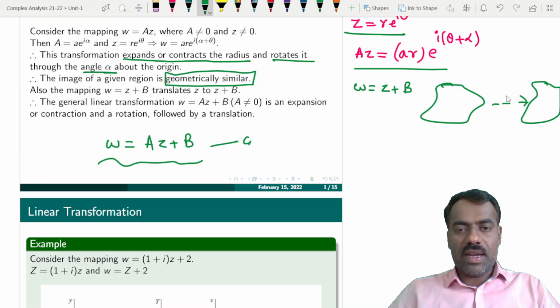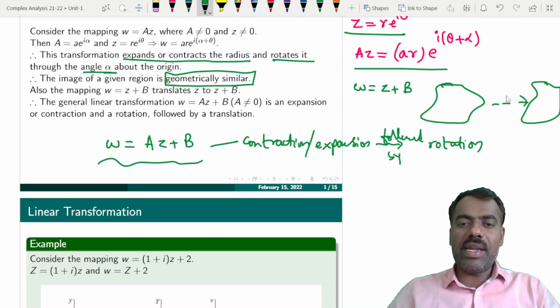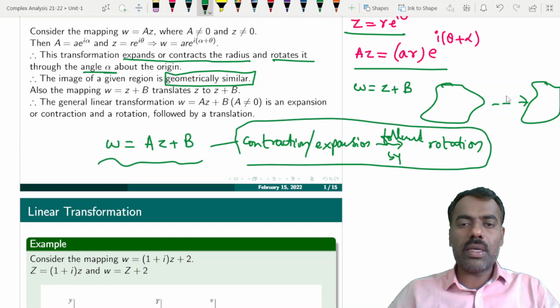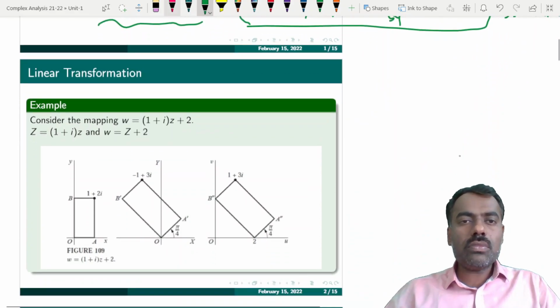We get either contraction or expansion because of az, followed by rotation. Then plus b: the entire shape whatever we have will have a translation, meaning the position is moved. Let's quickly take an example to understand this.